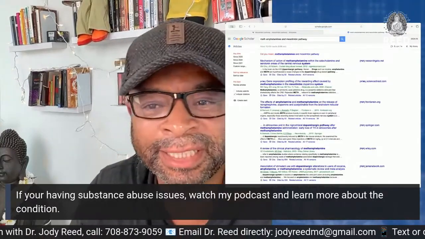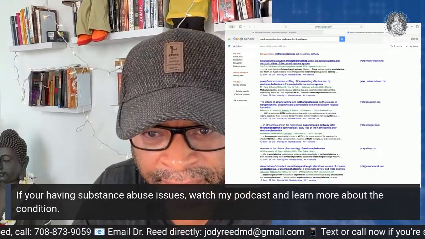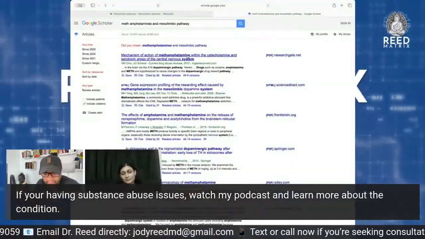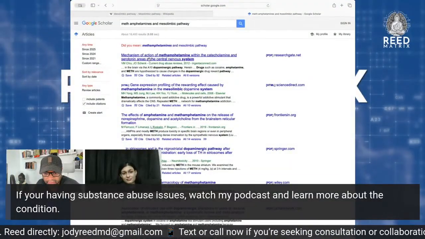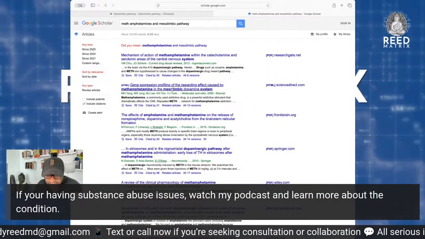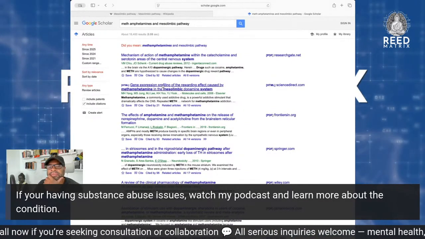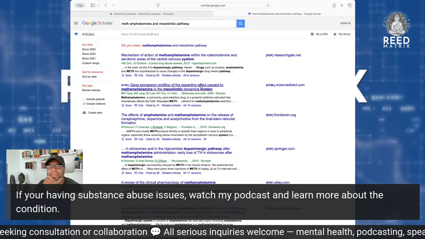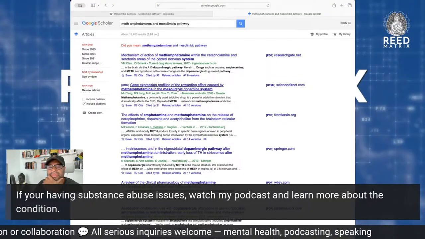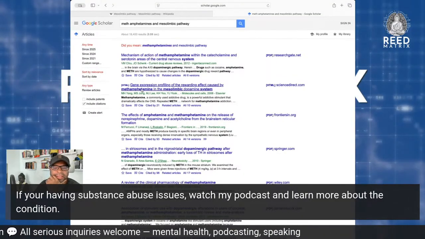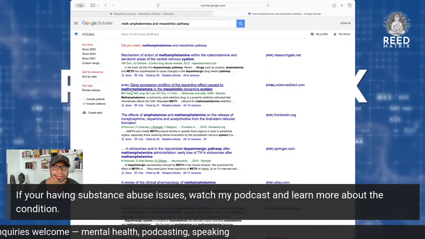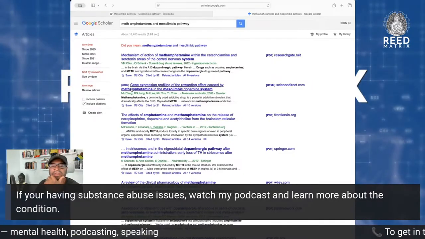Let me see what's going on here. Mechanism of action of methamphetamines within the catecholamines and serotonin area. Gene expression profiling of the reward effect caused by methamphetamines in the mesolimbic system. So I guess this is talking about the intoxication phase.